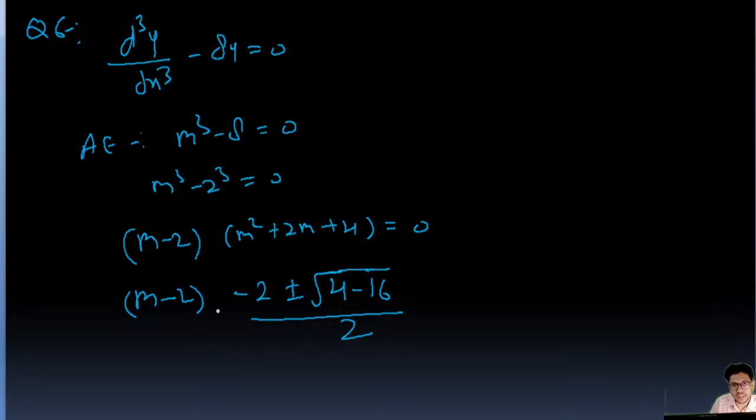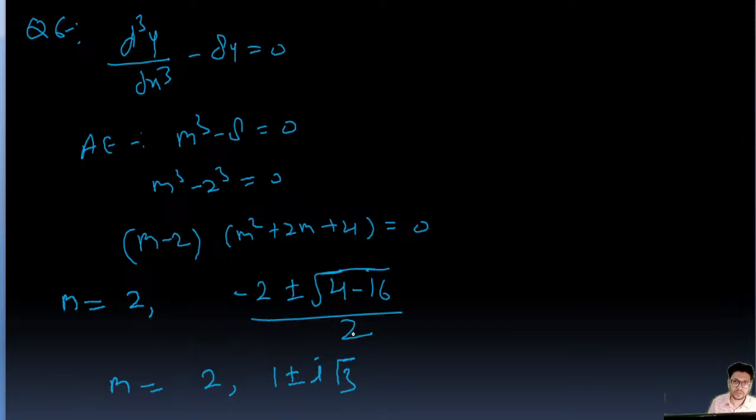So the values of m are going to be 2 comma 1 plus minus i root 3.